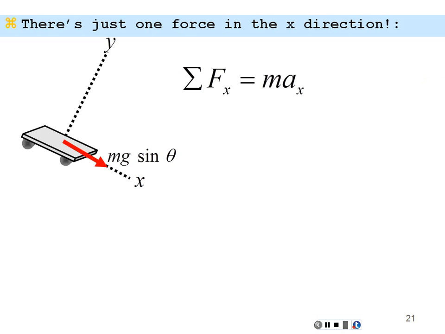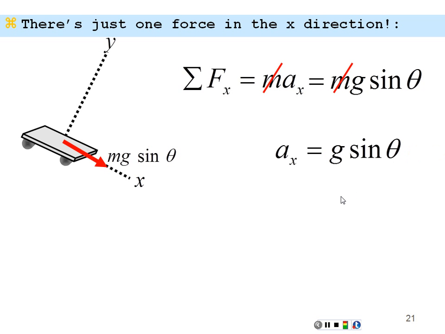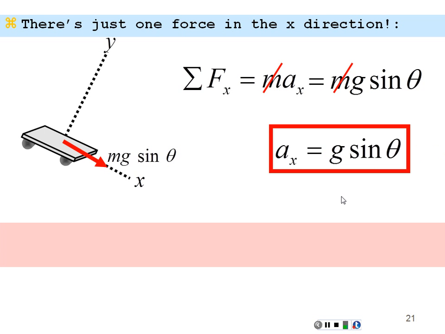So I would sum up all my forces in the x direction, there's just one force, and that should equal ma. So ma is equal to, at least in the x direction, mg sine theta. I can get rid of an m on both sides, and my acceleration in the x direction is g sine theta. So that is the acceleration of this cart down the incline.